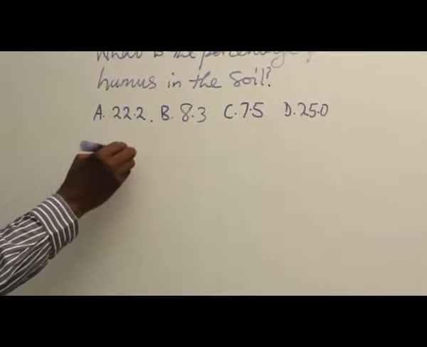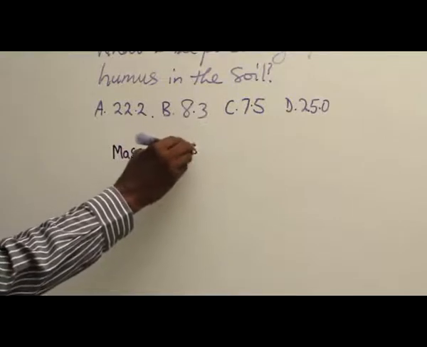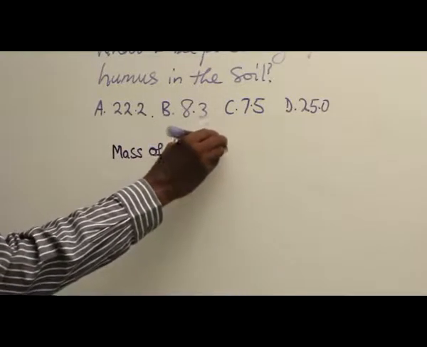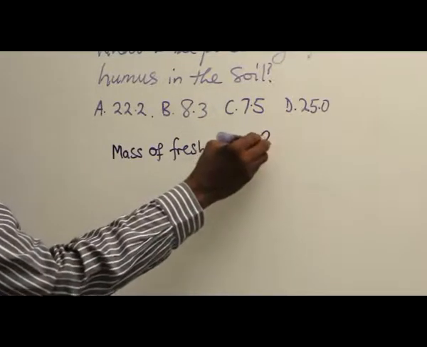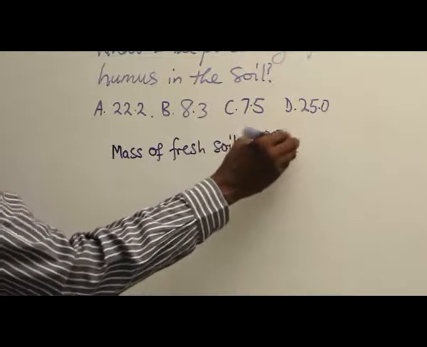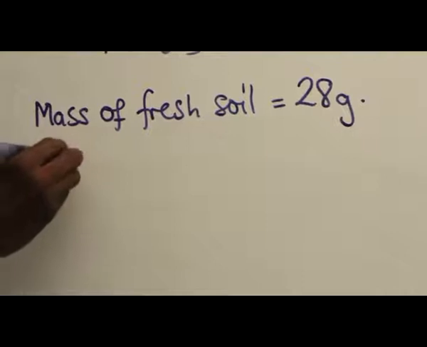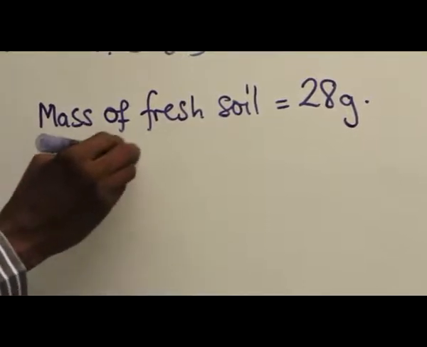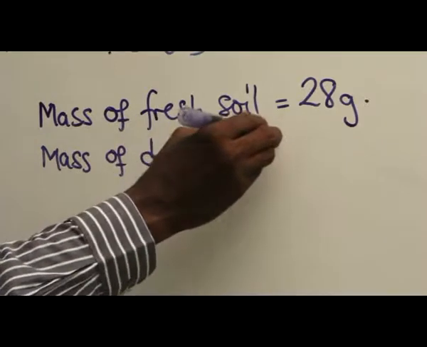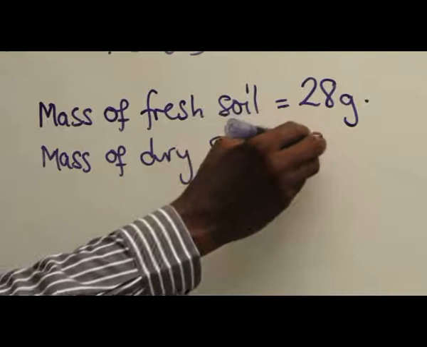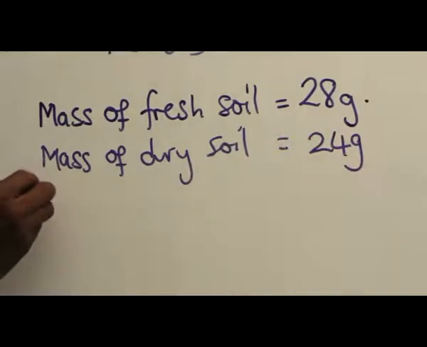Mass of fresh soil or sample soil is 28 grams. Mass of dry soil is 24 grams.